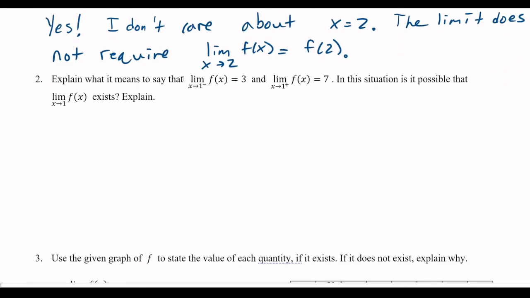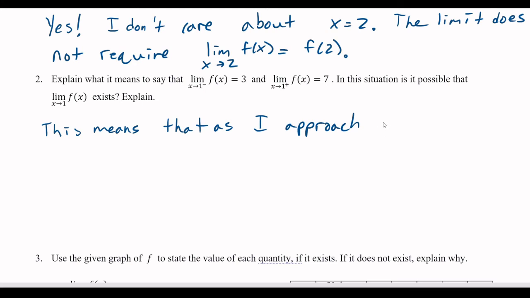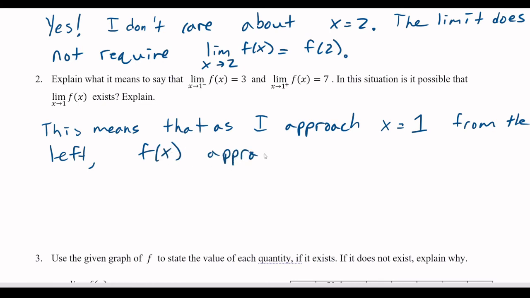Okay, explain what it means to say the limit as x approaches 1 from the left, careful, from the left of f of x is 3, but from the right is 7. Okay, what does this mean? Right? So, what does it mean? This means that as I look, as I approach x equals 1 from the left, f of x approaches the y value.